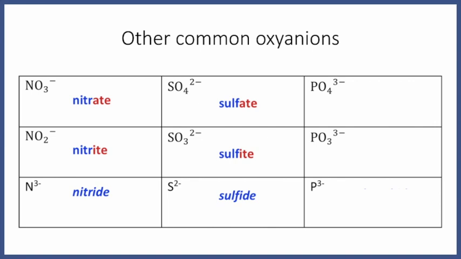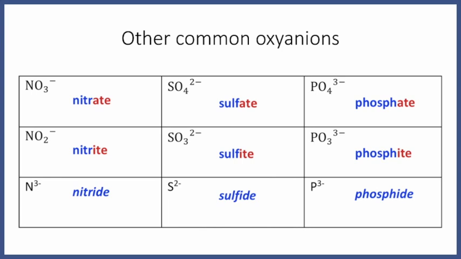Let's look at the phosphorus oxyanions. PO4 3- is phosphate, PO3 3- is phosphite, and P3- is phosphide, and that is my cat in the background.